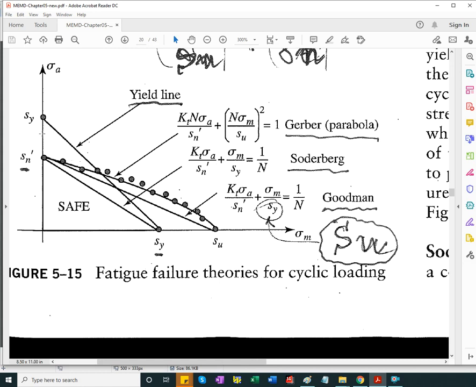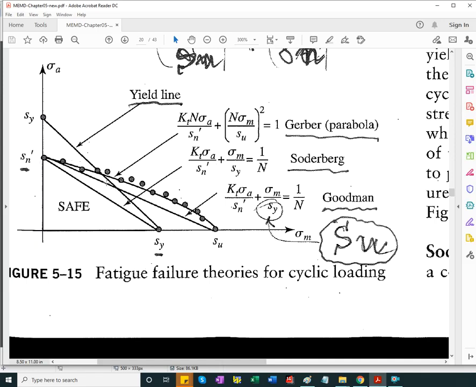So if I'm not yielding the material in any way, then the load point is in the safe area. Other boundaries that delimit the safe zone from the failure zone include the Goodman line, and this is the one that we'll be using. The Goodman line connects the true endurance limit with the ultimate strength, and of course we don't want to yield the material, so the safe zone would be up to the intersection of the Goodman line with the yield line and along the yield line.